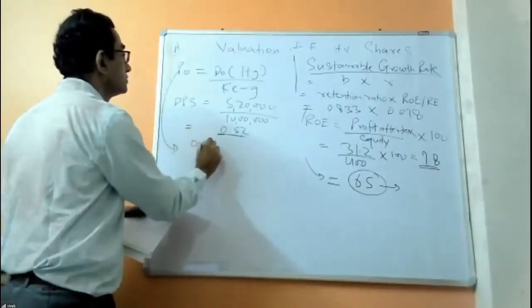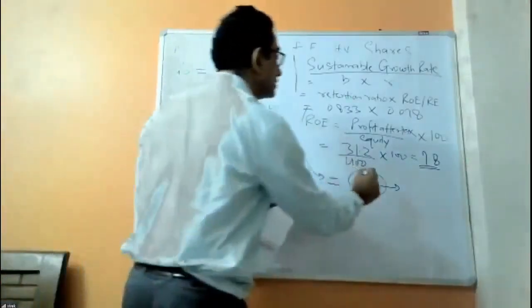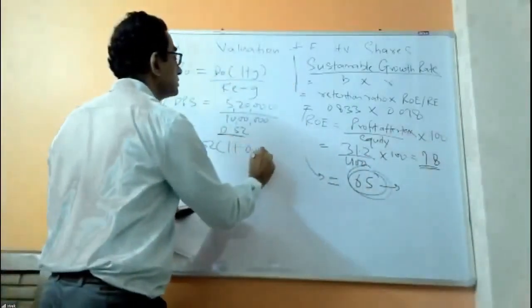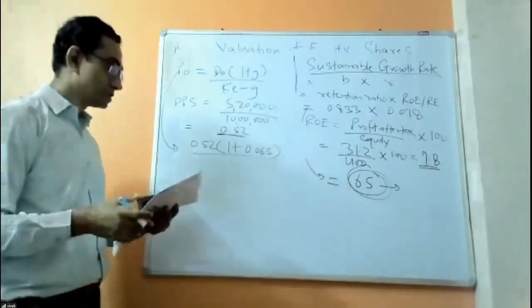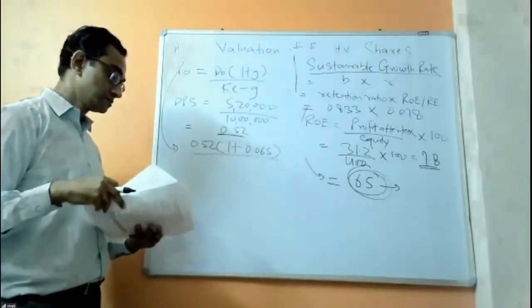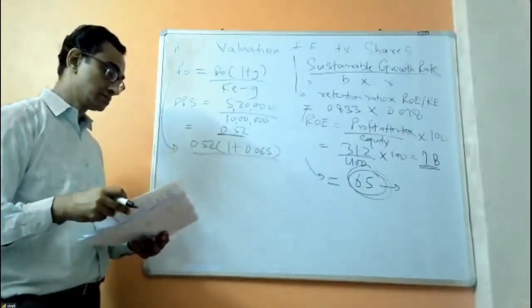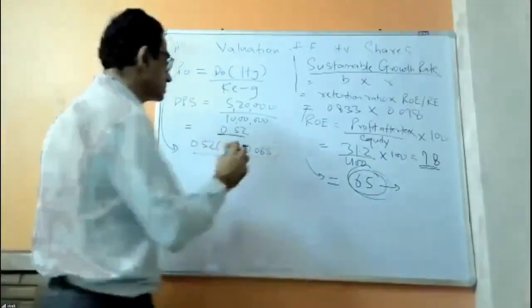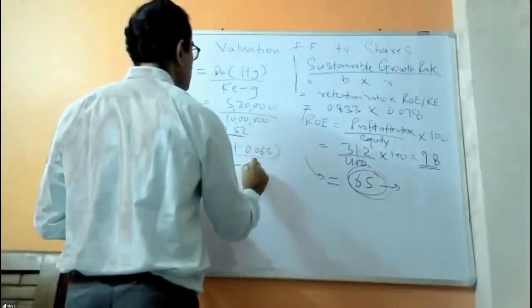Now put the figures into this formula. D0 is 0.52, 1 plus growth rate. The growth rate we have calculated is 6.5, upon K minus G. Cost of equity is given in the question, it is 15%, minus G, the growth rate 0.065.